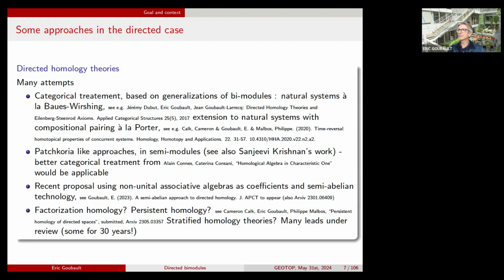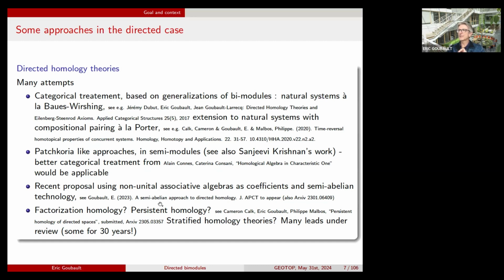So there have been several approaches. There's one to which I won't have time to compare, but you have the same sort of contents in many ways. So one which we introduced using natural systems. There are also approaches in semi-modules, so homology in characteristic one, which is a direct kind of homology theory, and which has some links, but has fewer exact sequences than we do.